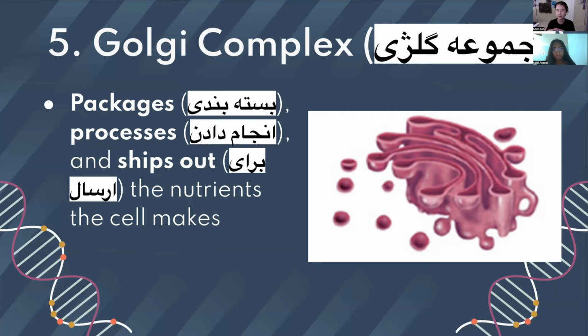When nutrients have to be packaged and shipped out, they are encased or surrounded in these bulbs, and they break off of the Golgi complex. All of the small round balls that are floating away are nutrients that have been packaged inside the Golgi complex and have now broken off to be shipped to parts of the cell that need it.